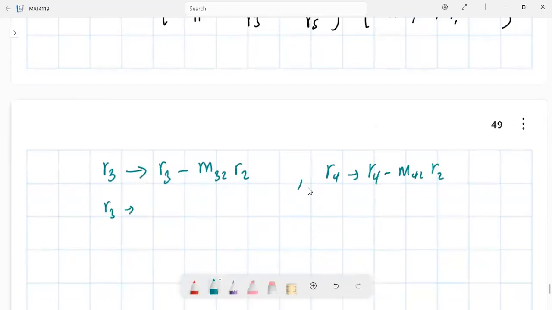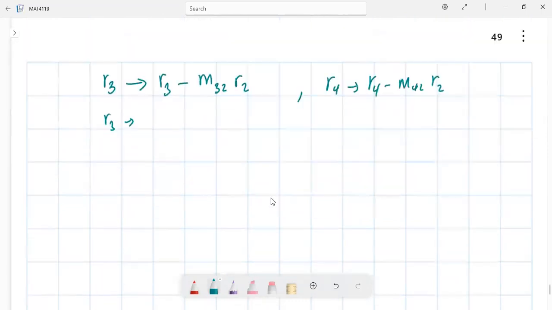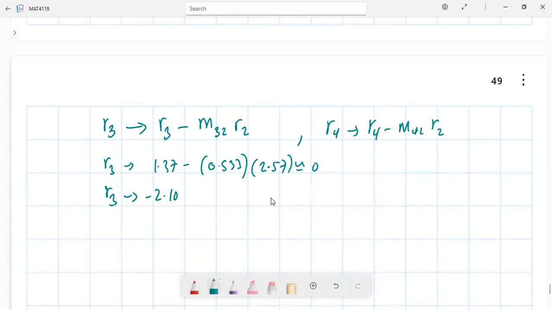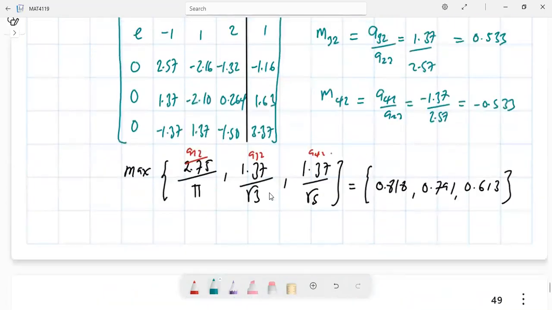So we are trying to change which element. We're trying to change from row 3, 1.37 minus its value, 0.533, times the element, which is 2.57. And if you do this, this should give you approximately equal to 0. And then row 3 again, the next element you're trying to change is negative 2.10. Which is these guys we're talking about here. Trying to change this, right?